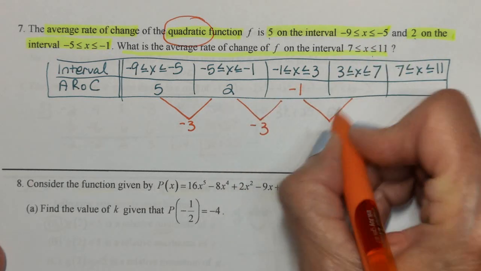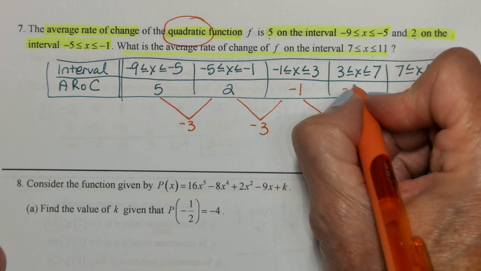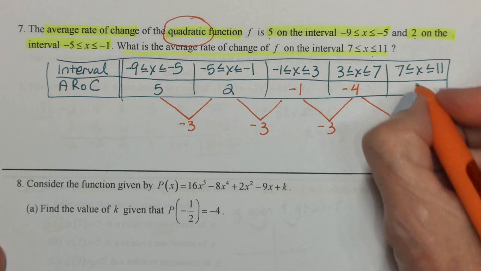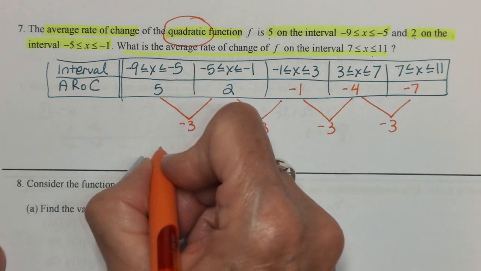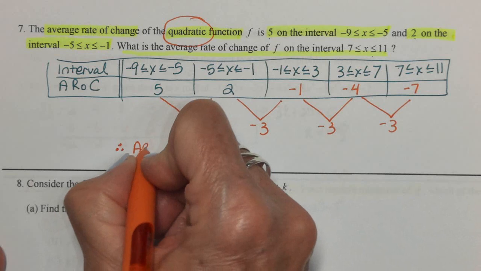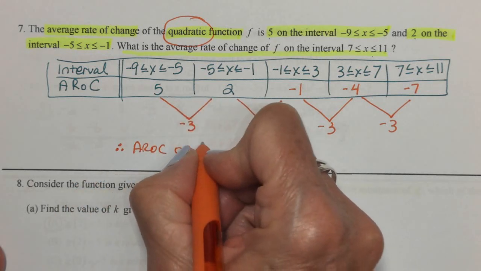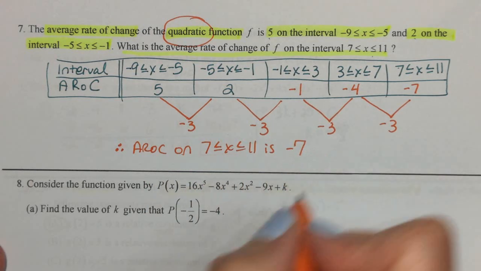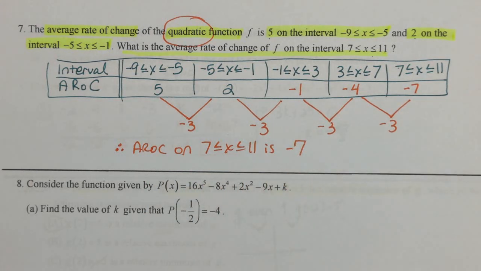We must go down 3 more to get to the next, and 3 more to get to the last. So the average rate of change on the interval 7 to 11 is -7. This is using what you already know, and we did just examine that from that last example.